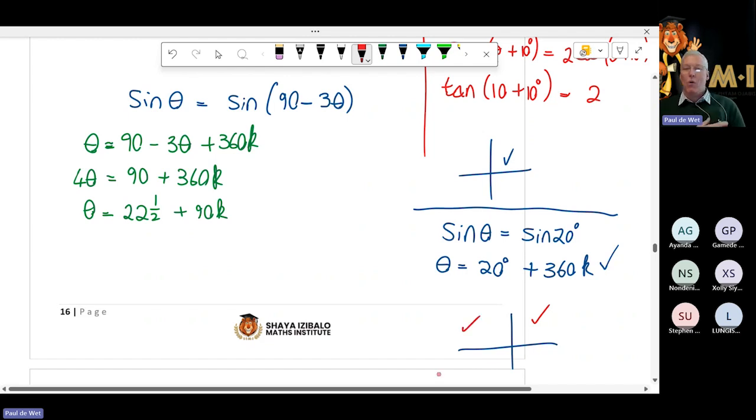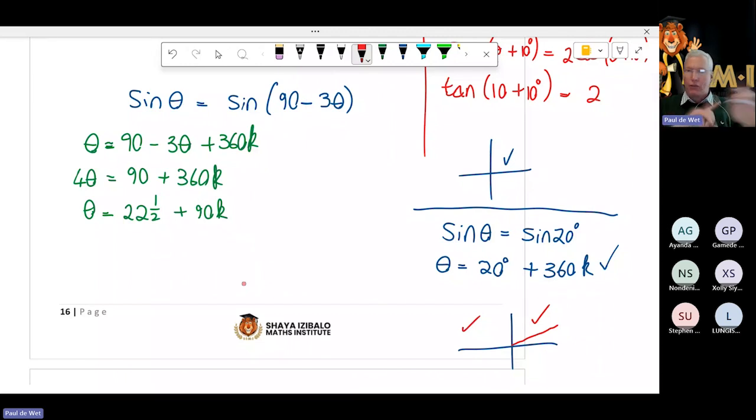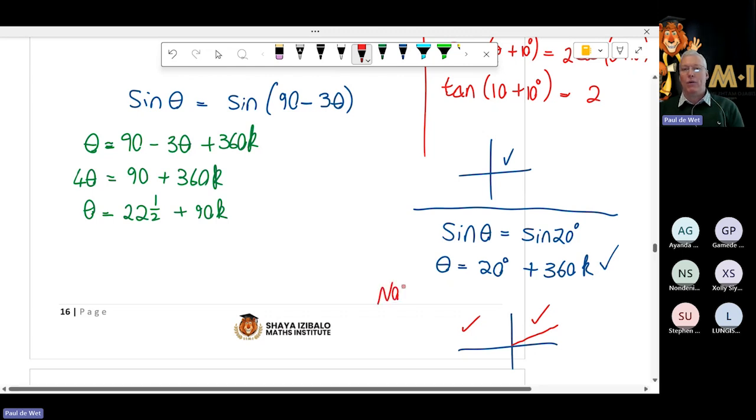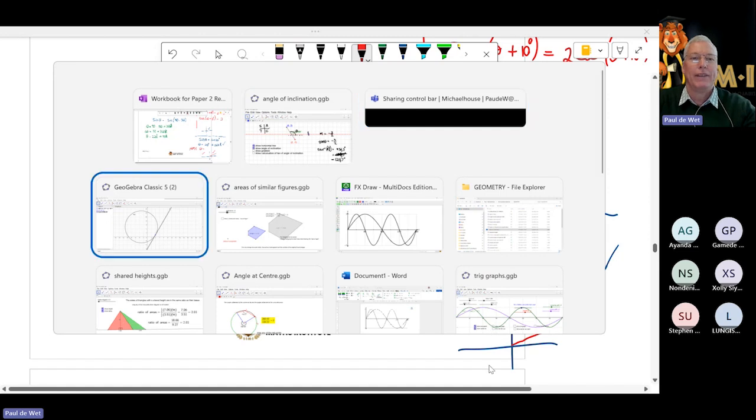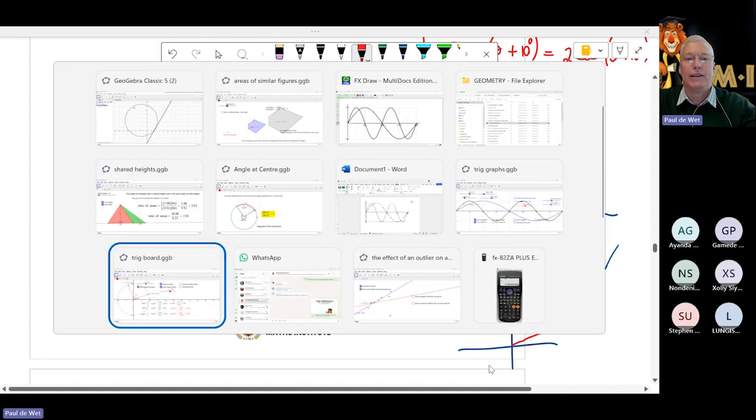Who can tell me what the other possibility is here? Because this is 20 degrees. I want you to think back to that trig board that I had. Norma, what's the other thing we can have? Guys, where else will I get exactly the same? I'm going to go back to this thing, if I can find it easily.